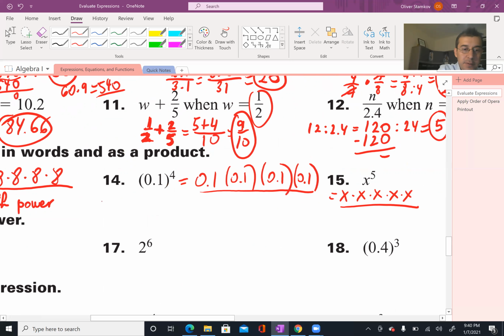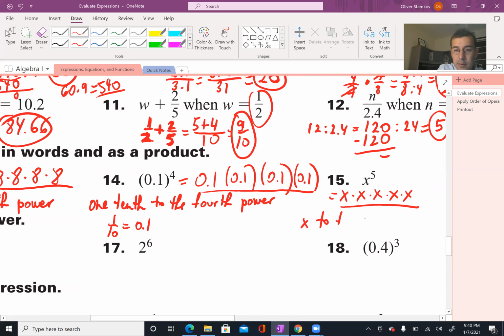So we can say 1/10 to the 4th power. Why 1/10? Because 1/10 is the same as 0.1. Okay. And then the last one is x to the 5th power.